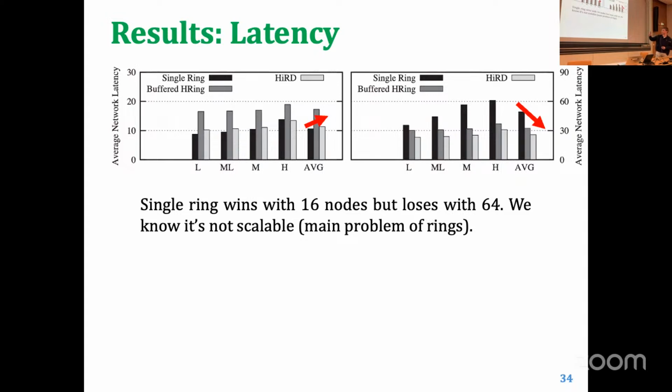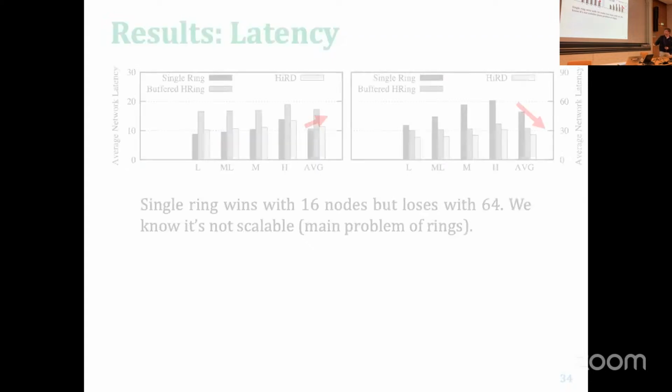Because as you can see, when we have a smaller network, the single ring is actually better than the other designs. It has a lower latency. But when the network gets bigger, then the single ring starts to show its big disadvantage, which is that it doesn't scale, as we've seen at the beginning. And HIRD starts to win.